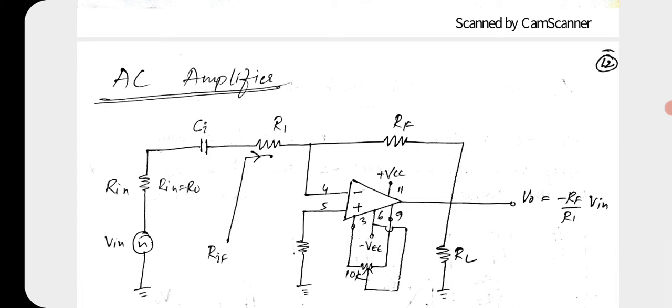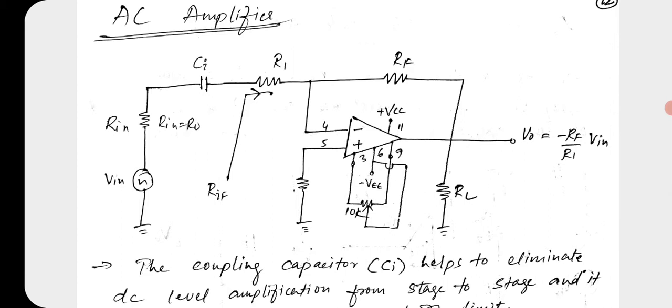Now see this circuit. If you see, the input is applied to the inverting terminal. V in is the supply AC voltage. That symbol is of AC, followed by an R in resistor. Then you have the CI capacitor. Then R1, the input resistance.